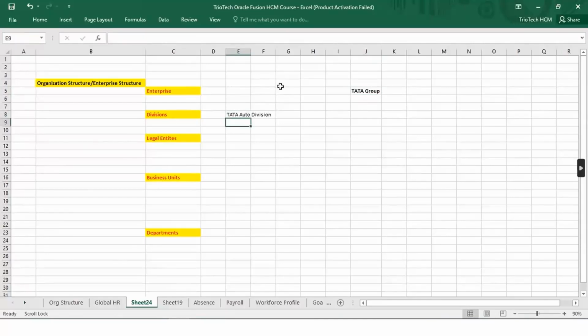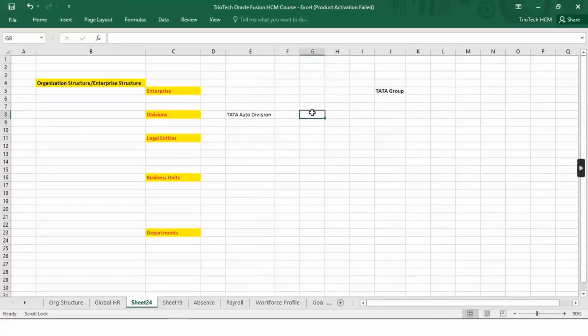Okay. Then Tata Finance Division. They are into financial services also. Okay.